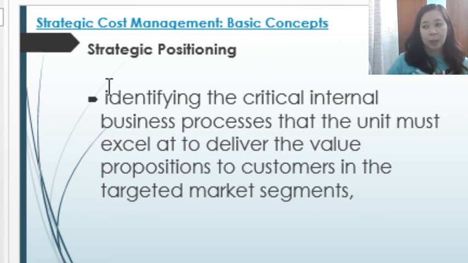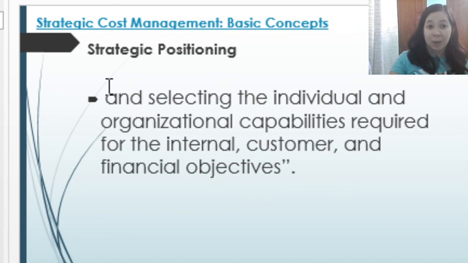So this is also important because the input and the processes that the entity is using and applying also add factors of success in strategic positioning, and not only by carefully selecting the segments that they want to join, okay, because here the processes and the inputs that they employ will serve as the backbone of what their product or services will look like, or their output would look like, and offer it to their customers.